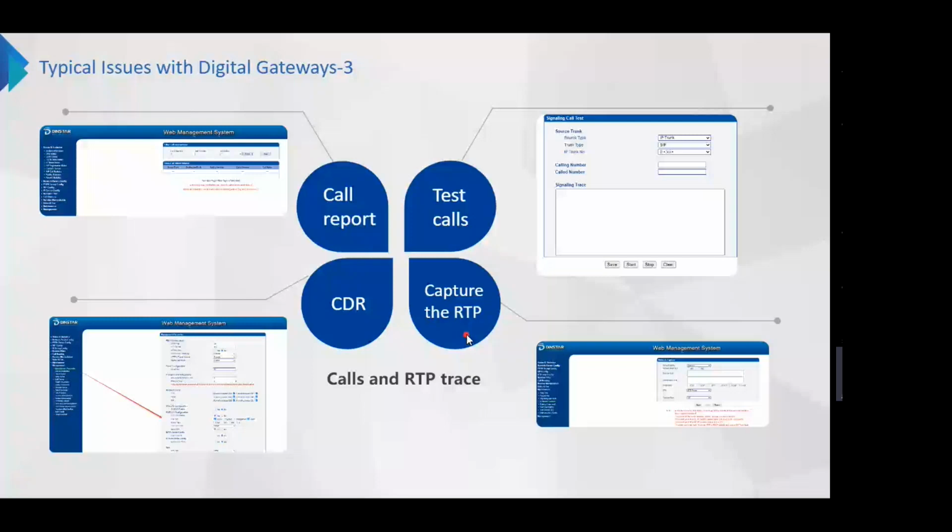Here we have the RTP packet tool to let you know the details. Of course, you have to go to the GUI and enable the RTP, and you make a call. You can capture all the RTP packets, and automatically download the files.